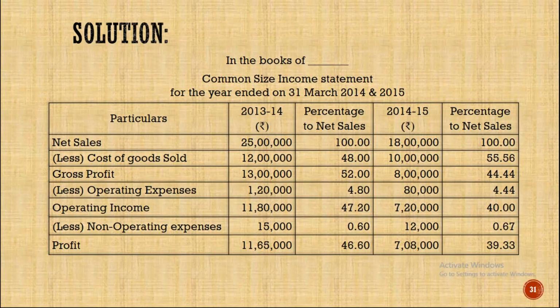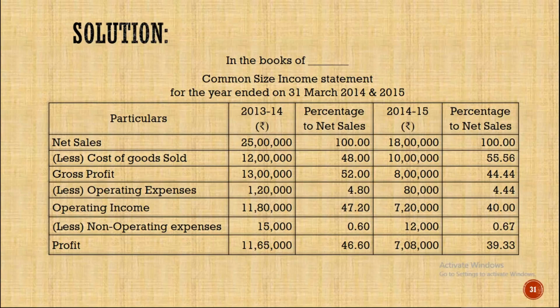Likewise, you have to apply the same formula. The base will remain the same, so we can understand how much amount has been spent on various activities when compared with net sales.